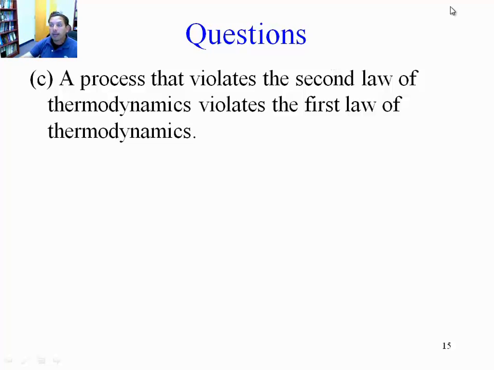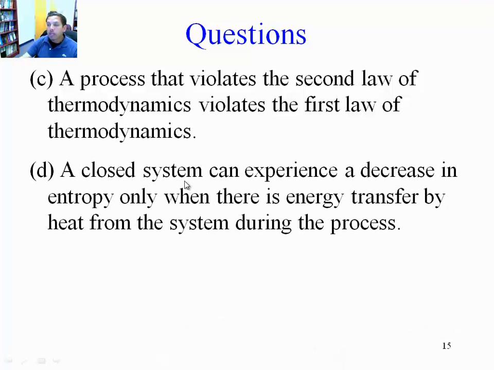But violating one means that the process is not plausible. A closed system can experience a decrease in entropy only when there's energy transferred by heat from the system during the process. That is true. The only way to reduce the entropy of a system is by subtracting energy from it in the form of heat.